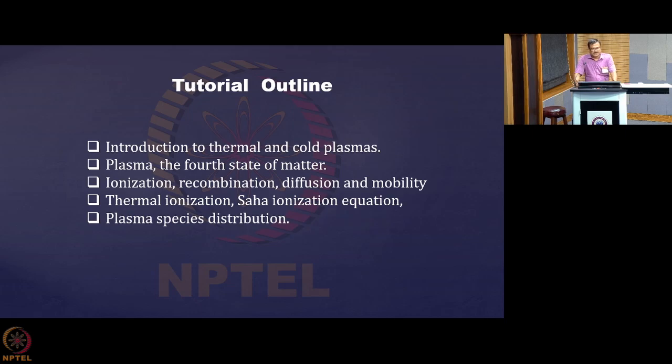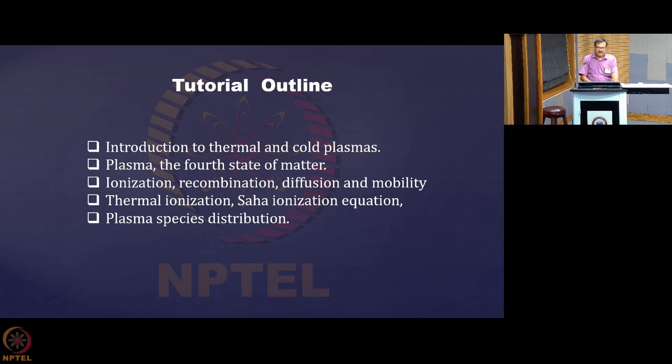We'll summarize the concepts, and then thermal ionization and the ionization equation, and the plasma species distribution, which plays a very important role. We'll do numericals on each of these topics, as well as at the beginning we'll summarize the concepts and the key points on each of these areas.